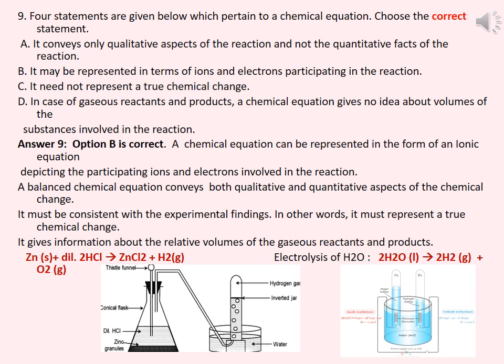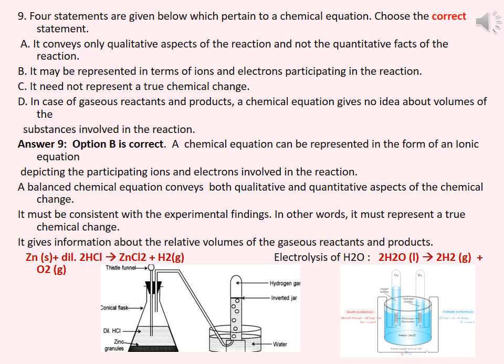If you look at these options, option B is correct. What does it say? A chemical equation may be represented in terms of ions and electrons participating in the reaction, meaning the way a chemical equation is represented need not always be in terms of molecules or atoms participating in the reaction.